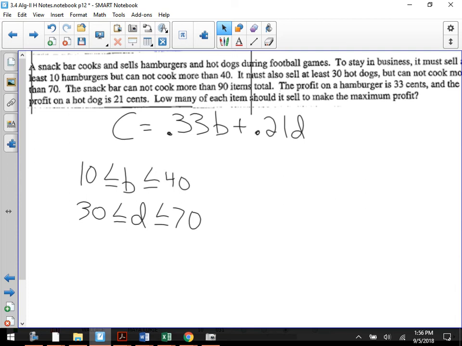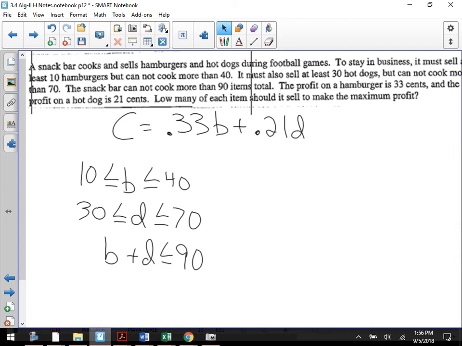Still didn't work in our parameters, but you get the idea. So that means burgers plus dogs have to be less than or equal to 90. Can you have negative hot dogs and hamburgers? No. We know that can't happen because your low end is 10 and 30, isn't it?